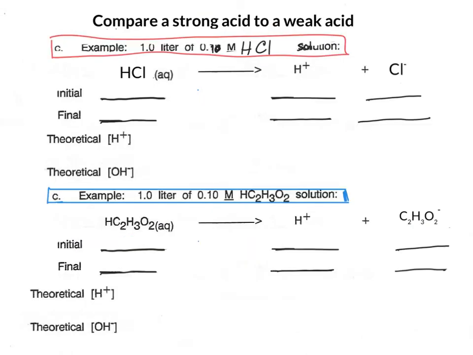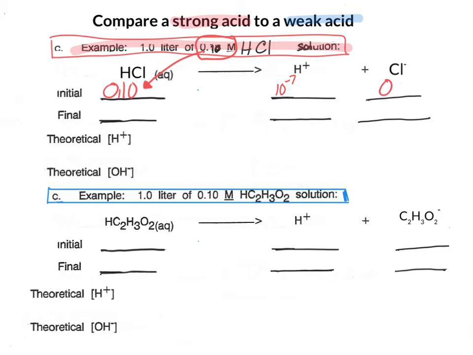Let's compare the calculations that you would do for a strong acid and a weak acid. Let's start with the strong acid. So we've already done this before. We know that our initial concentration in this case is 0.10. The initial concentration of the hydrogen ion will be 10 to the negative 7 because we're in water, and the initial concentration of the chloride ion will be 0 because we've got no chloride just floating in the water.